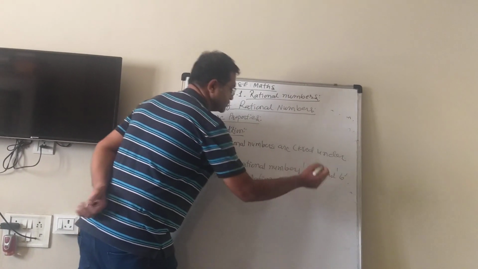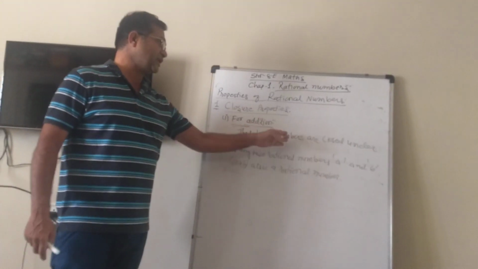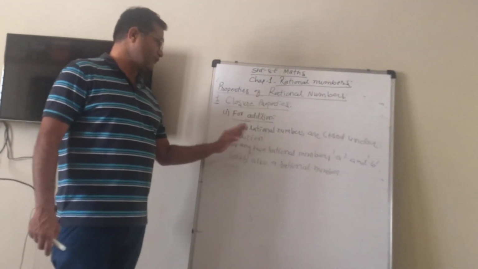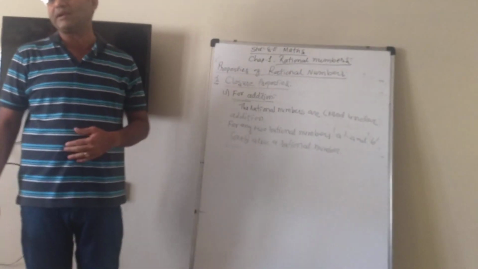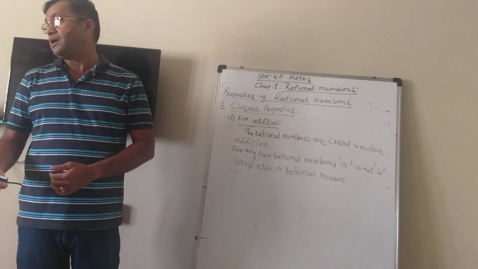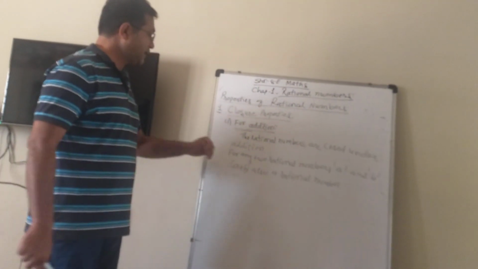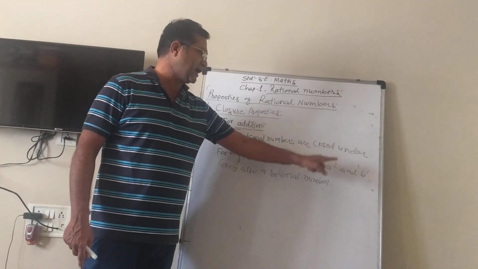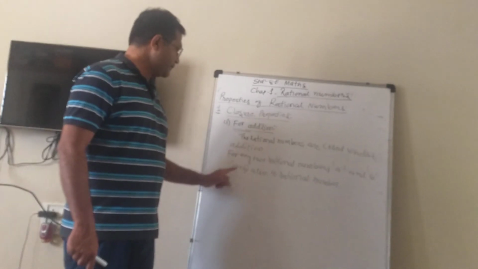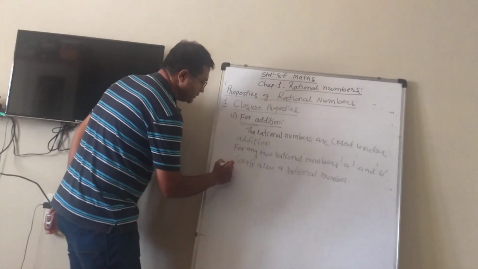It shows that the rational numbers are closed, because when we add any 2 rational numbers, the answer again is a rational number.